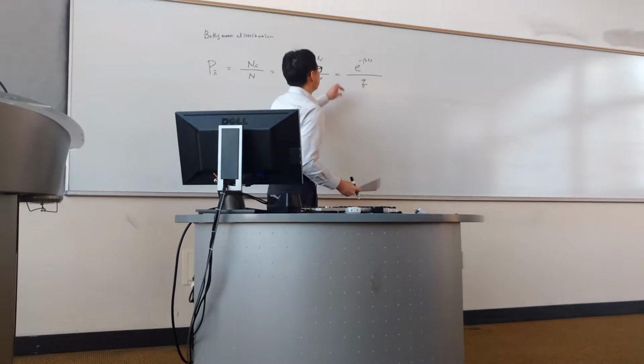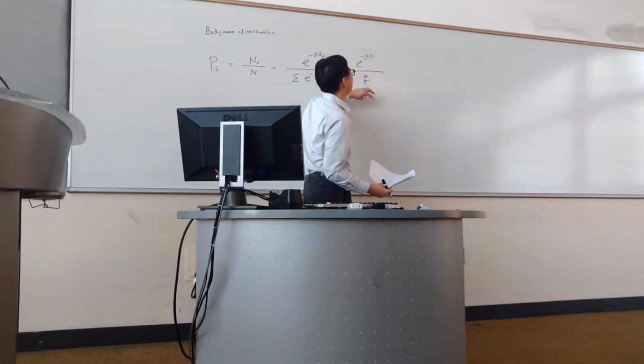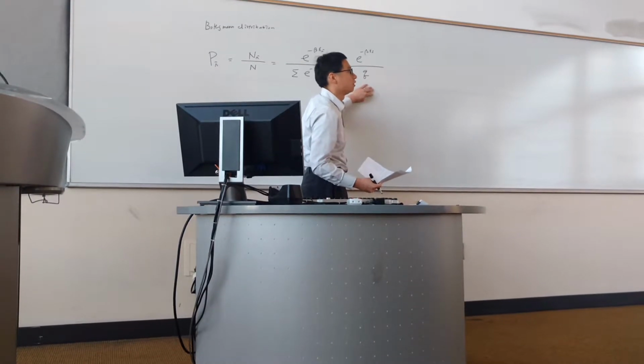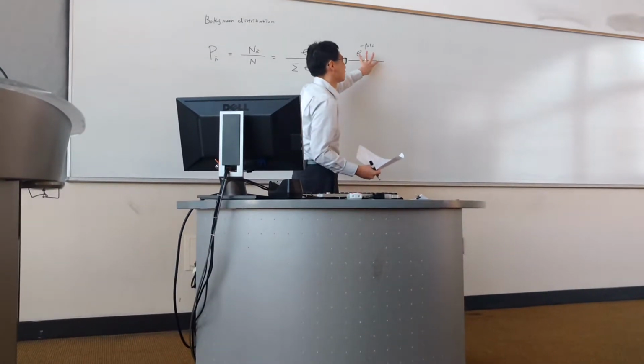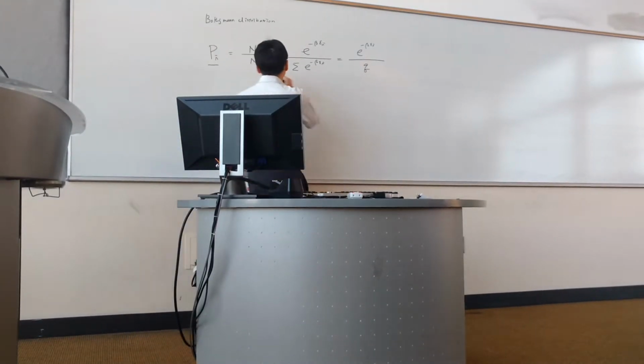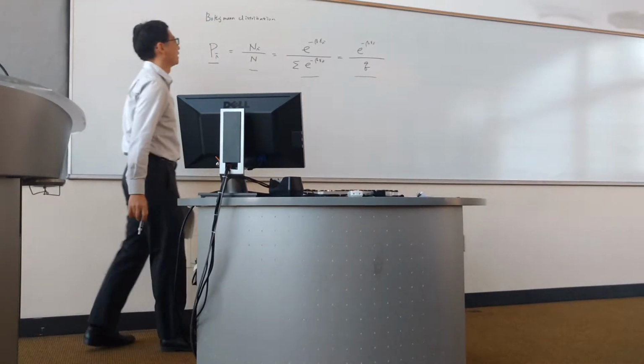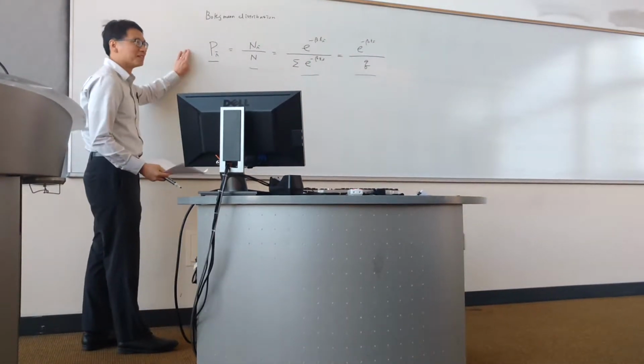Okay? This is the population of a molecule existing in state i over the partition function, which is the sum over every single state. That gives you the probability. So you need to know Pi equals this, equals this, equals this. You need to remember this.